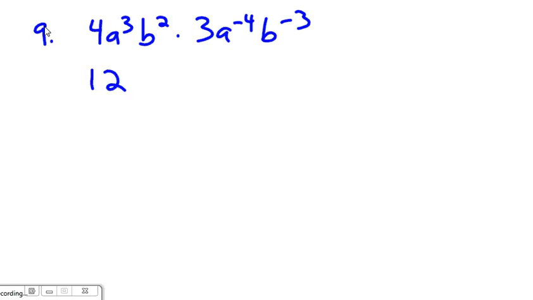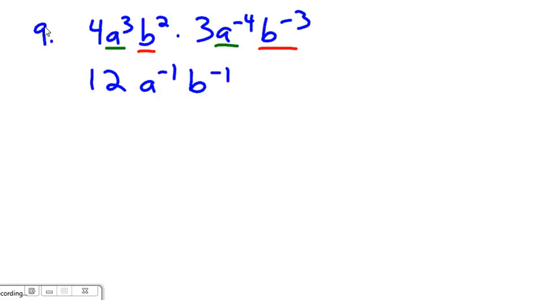Then I'll have the a's, and then I'll have the b's, right? So a cubed times a to the negative fourth. I add the exponents. 3 plus negative 4 is negative 1. So I end up with a to the negative 1. B squared times b to the negative third. Add the exponents. End up with b to the negative 1.